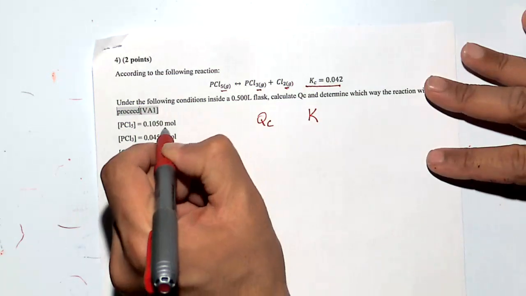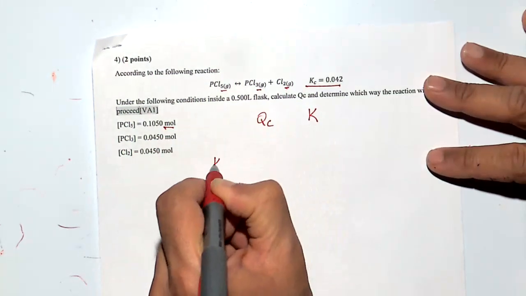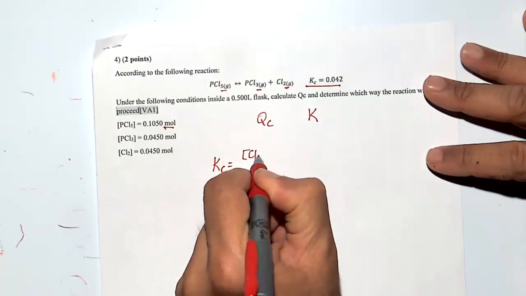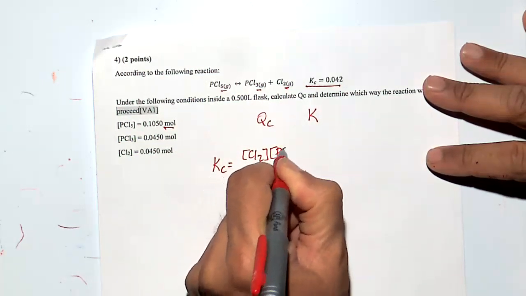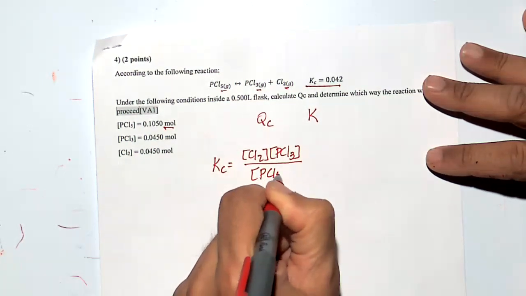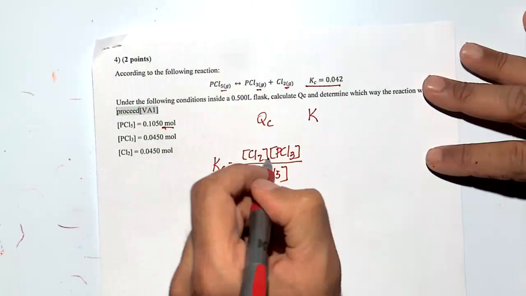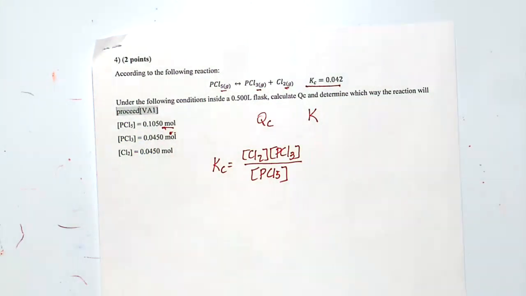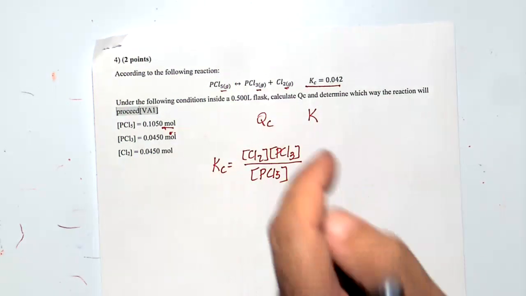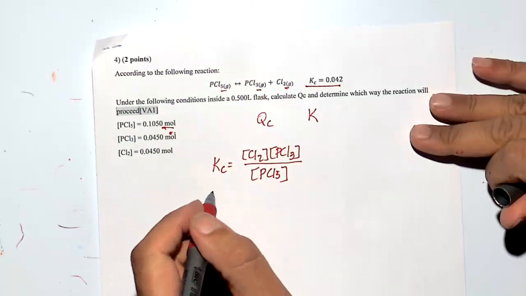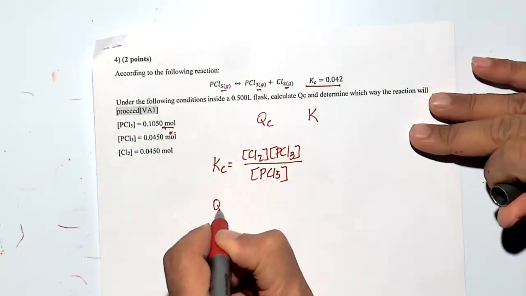Remember what goes in here? Not moles, but moles over liter goes into your equilibrium expression. So you're going to have Kc, and then you have Qc.